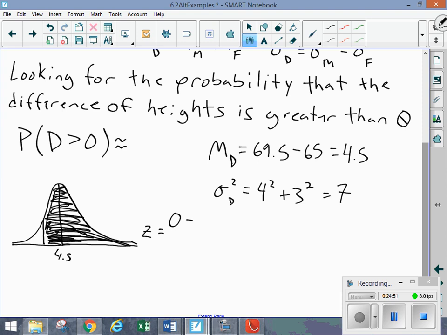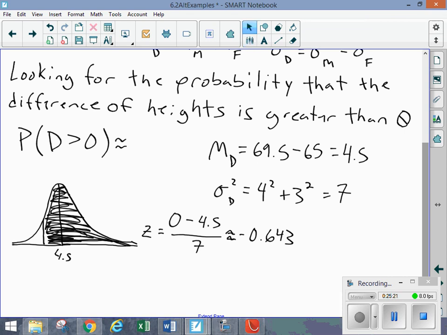All right, so our x value is 0, minus our mean, which is 4.5, divided by the standard deviation, which is approximately negative 6.643.